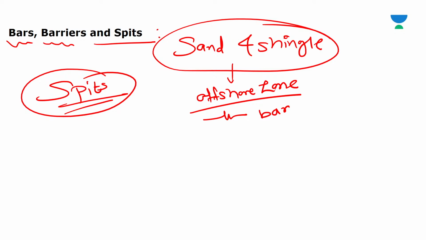Now friends, the offshore bars and barriers which commonly form across the mouth of a river or entrance of a bay, sometimes get joined up to one end of the bay, when they are called spits.